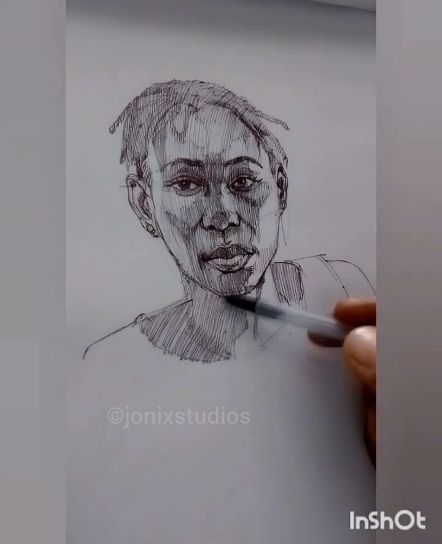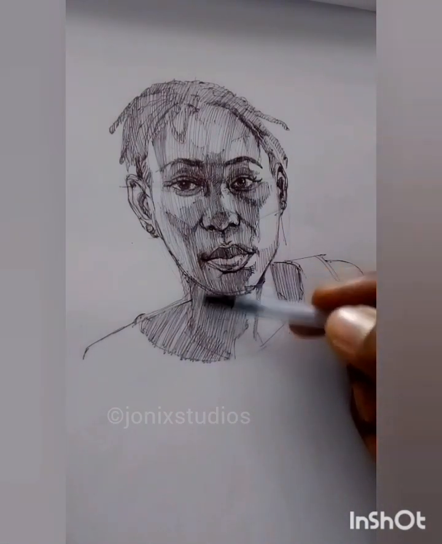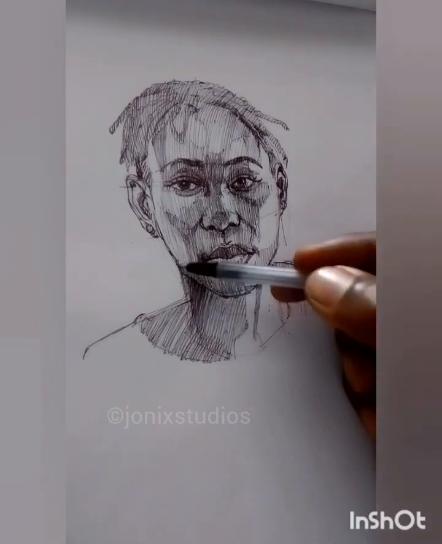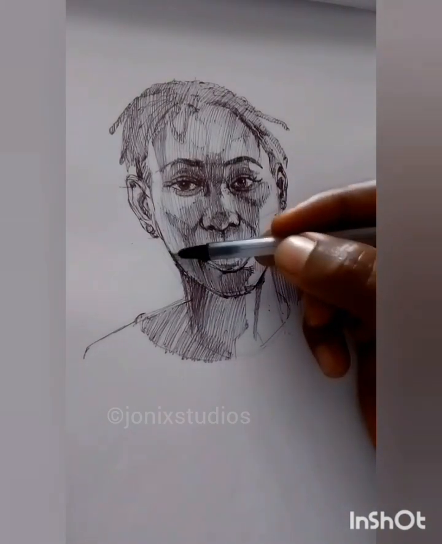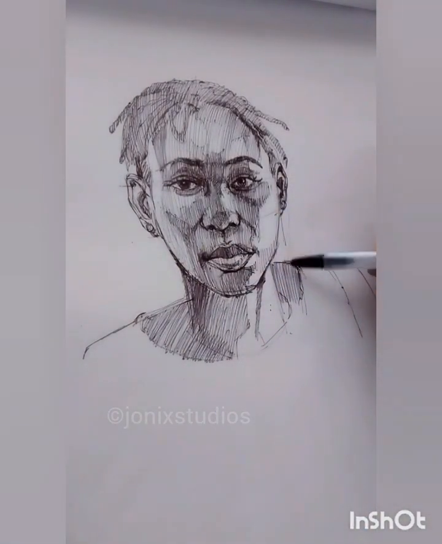Shade it in with a middle tone. And then you now start bringing in the darks. Remember, here is reflection. So then here too.